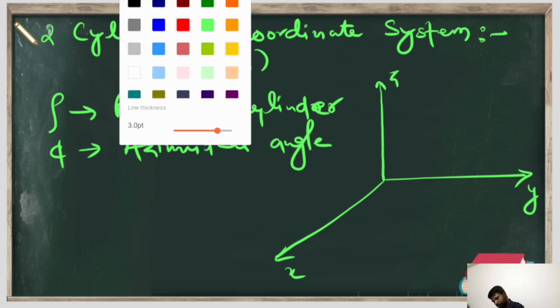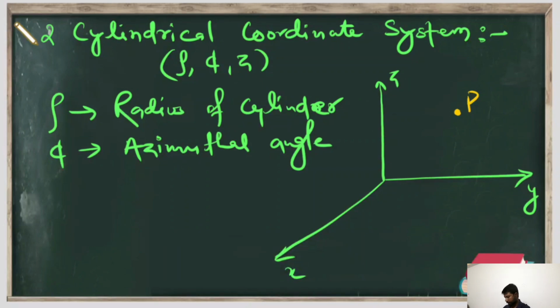So point P is given, then we have to take once again the projection of this point on the xy plane. Suppose this point meets the xy plane at point P dash, then we join this point with the origin. This represents the rho vector.